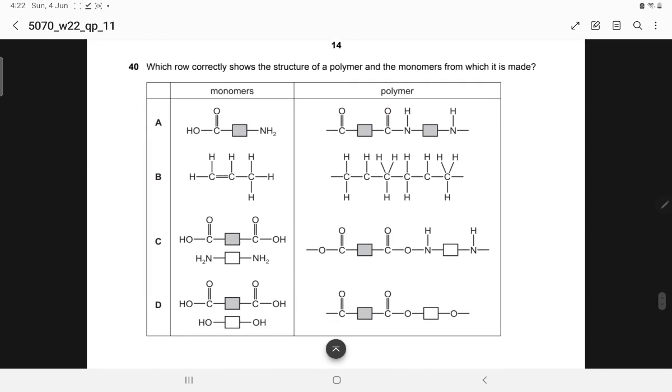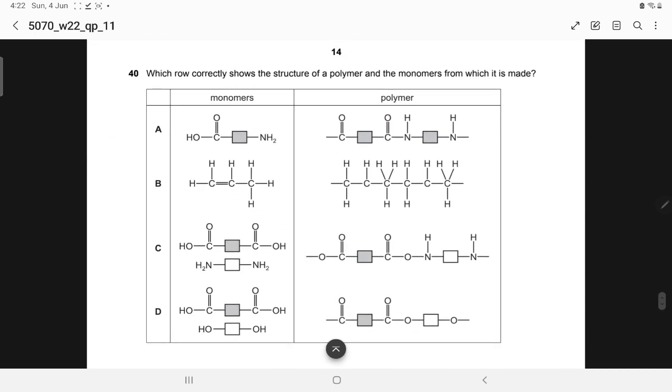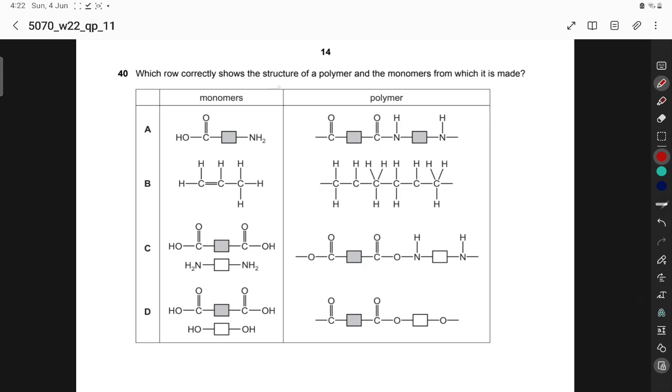Question number 40. Which row correctly shows the structure of a polymer and the monomer from which it is made? Monomer is amino acid, so this is incorrect. The monomer is CH3, so this is also incorrect.